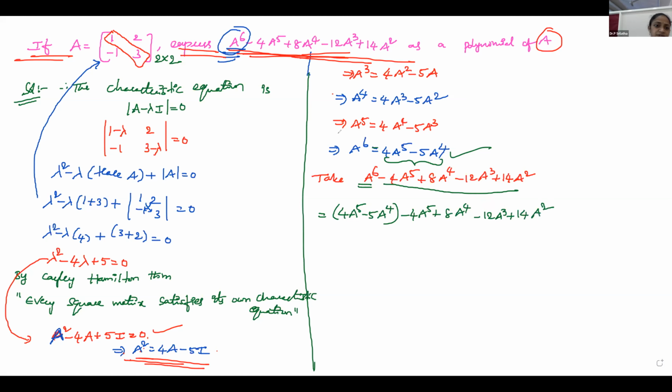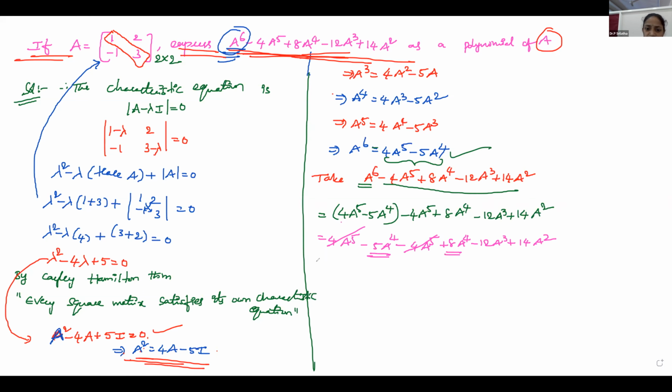Simplify this one. Here we have 4a power 5 minus 5a power 4 minus 4a power 5 plus 8a power 4 minus 12a cube plus 14a square, isn't it? So 4a power 5 minus 4a power 5 cancels, and here we have minus 5a power 4 and this is 8a power 4.